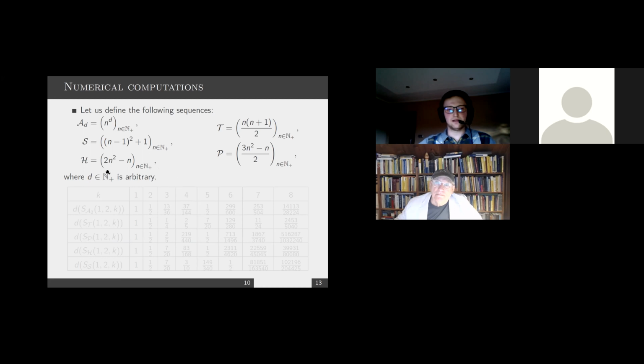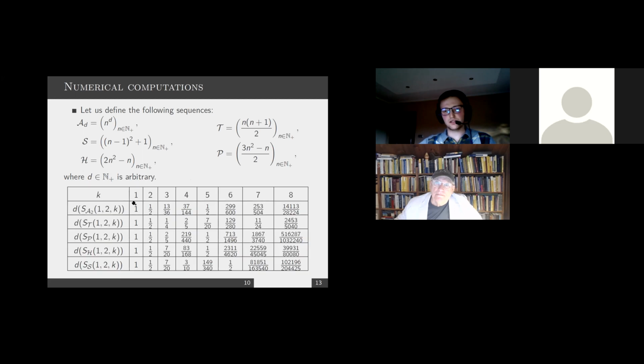Then numerical computation made in Mathematica shows that the odd density for these sequences seems to go to 1/2 as k goes to infinity, because the values are very near to the value 1/2.